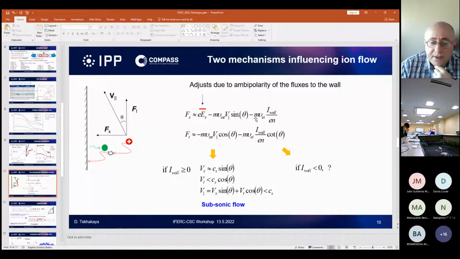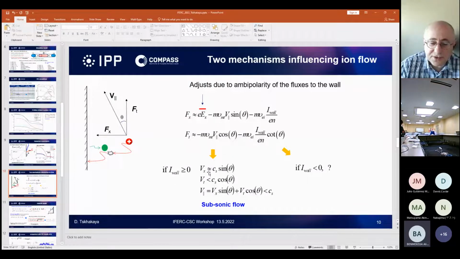Let's assume as a beginning that we have positive current, and we see that the frictions are against the electric field, but the ambipolarity requirement requires that electron and ion fluxes should be equal. So this means that the electric field should be adjusted self-consistently so that the normal-to-the-wall component of current is equal to the electron one.